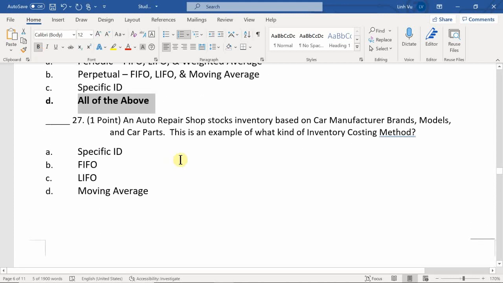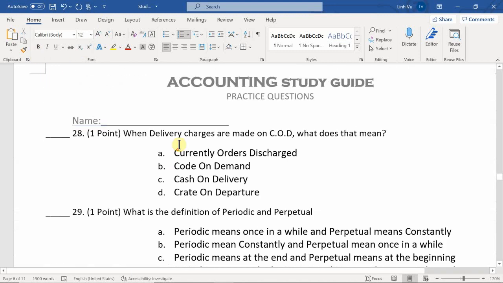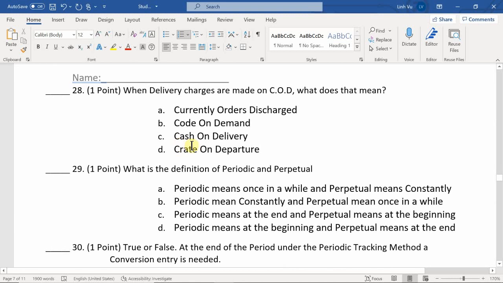Number 27. An auto repair shop stocks inventory based on car manufacturing brands, the car models, and car parts. This is an example of which kind of inventory costing method? A, yes, specific ID. Number 28.